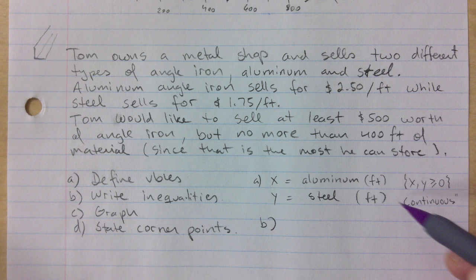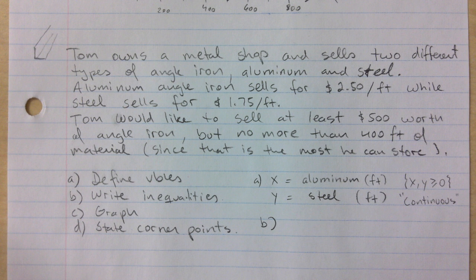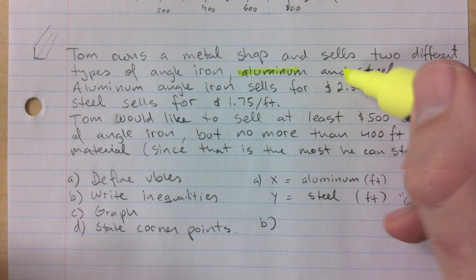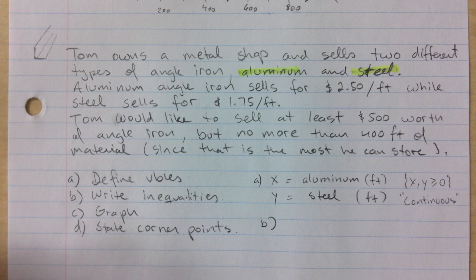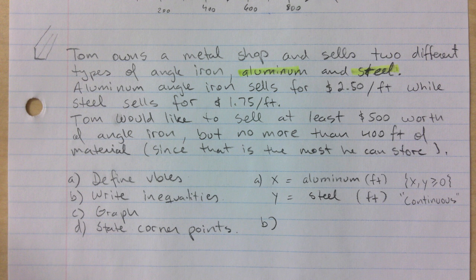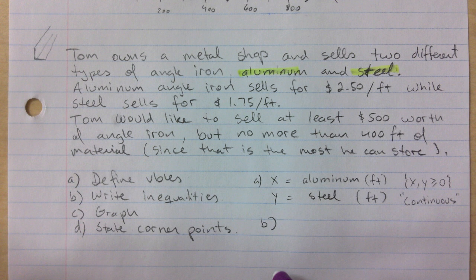So you can have a fraction of a foot. It's telling us that they both sell at different rates, but so far we've got no inequality there.